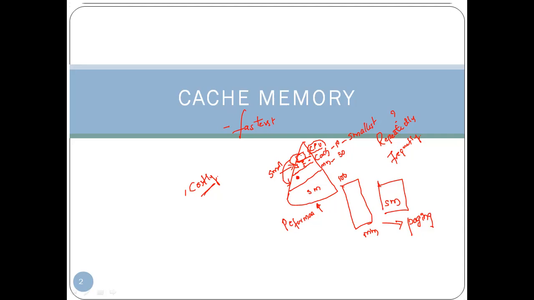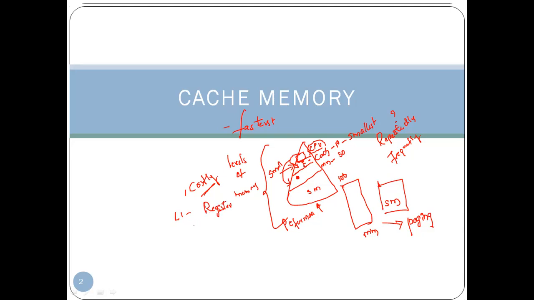Here we are going to have levels of memory. Instead of saying hierarchy, we can say levels of memory. So what are the levels of memory? In level 1, we get the registers, which are inside the CPU.